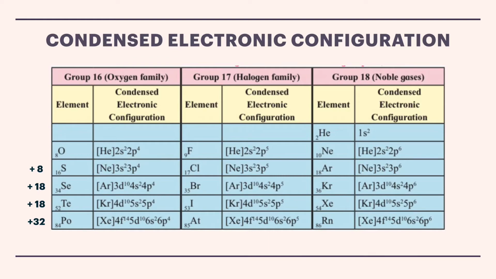Hopefully you understood how to write the atomic numbers. It is very simple. If you know the first element's atomic number, then everything is very simple. You just have to go on adding the factor written on the left hand side for each group. For example, for group 17, fluorine is 9. So I add plus 8: 9 plus 8 becomes 17 for chlorine.